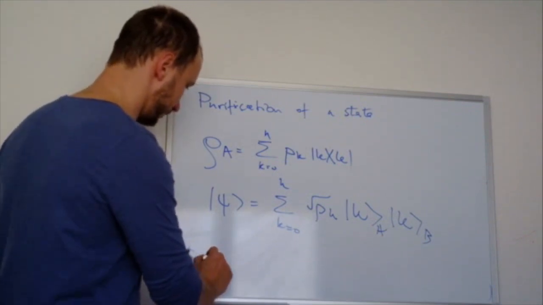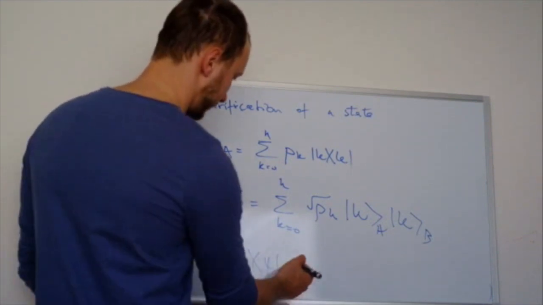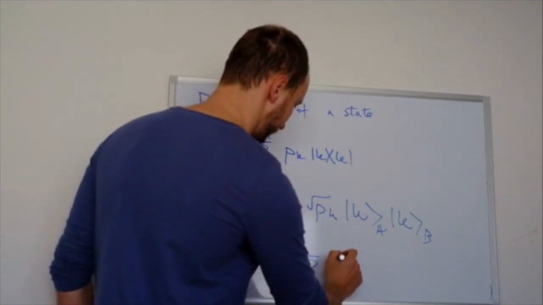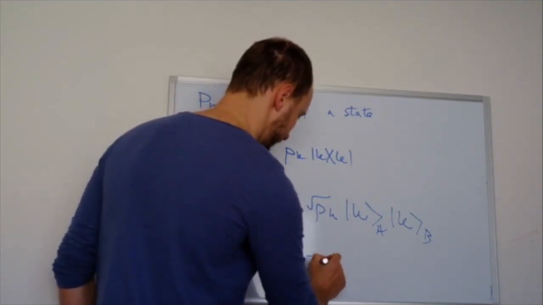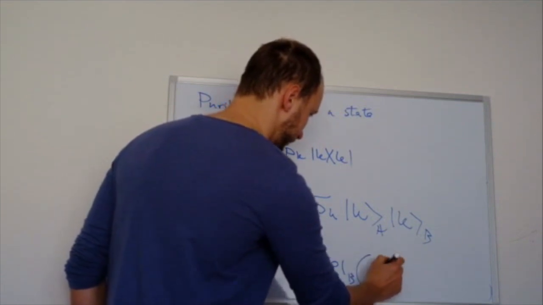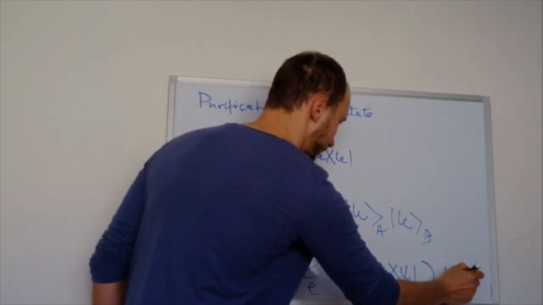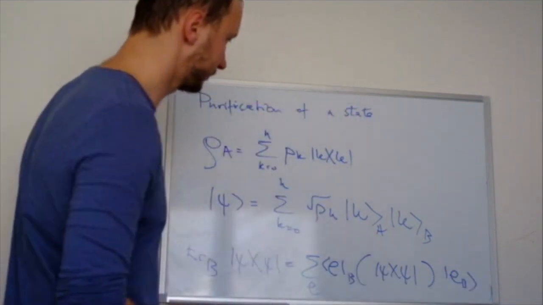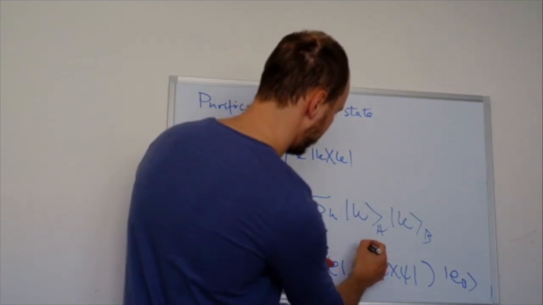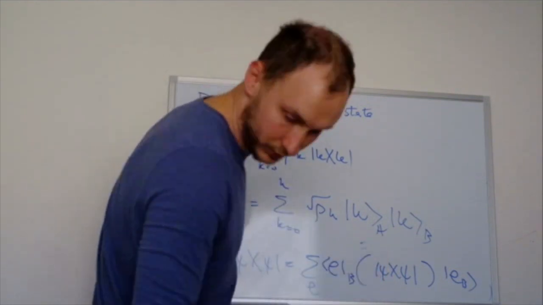So let's just do it. Trace out Bob of |psi><psi|. The trace for Bob is just the sum over a basis, it is basis invariant, but for example I choose the computational basis for Bob.